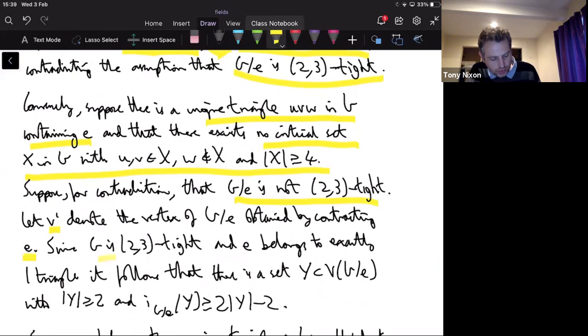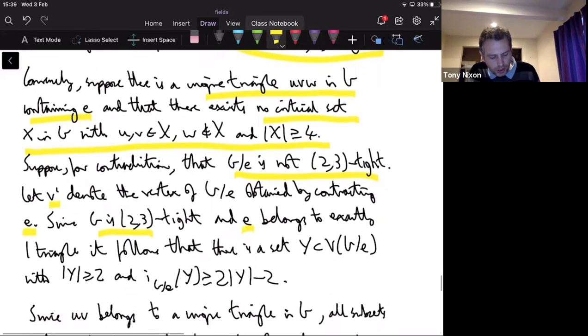Since G is 2-free tight and E is in exactly one triangle, we know that the top count is fine. So it follows that there is some set in this not 2-free tight graph G contract E, a set called Y, which has at least 2 elements, and the number of edges in it violates the 2-free sparsity condition, so it's at least 2y minus 2.